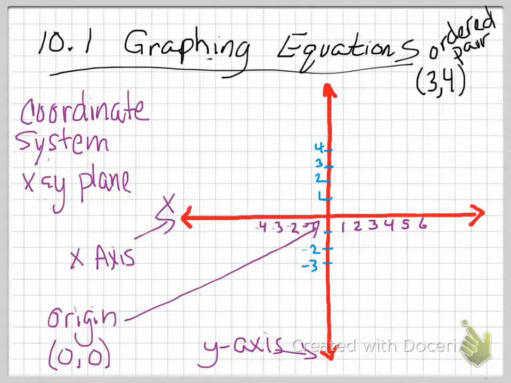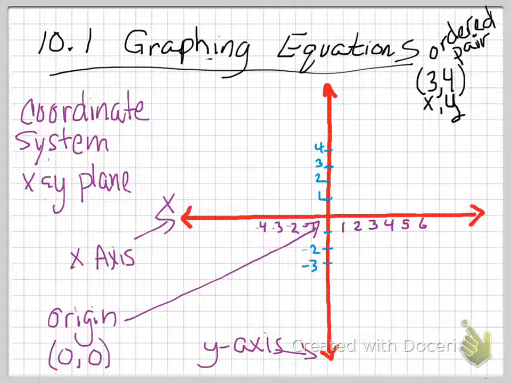And you can look in the book if you want to on all this stuff too. The first number always represents an X, and the second number always represents a Y. The way I remember that is it's alphabetical. If you start saying A, B, C, D, E, F, G, X comes before Y, so it always goes X, then Y. So it always runs left, right, then up, down. It's a good habit to get in.